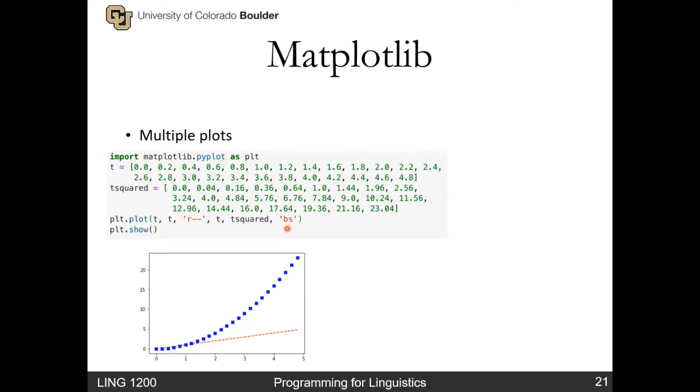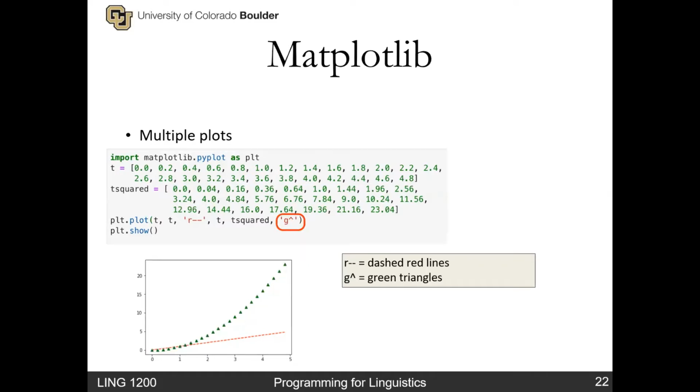And you can do multiple of these. Now we can change that. So red double dash is a dashed red line, and BS in matplotlib is blue squares. We can change that very simply by changing what's in our formatting string. So green with caret is going to give us green triangles.